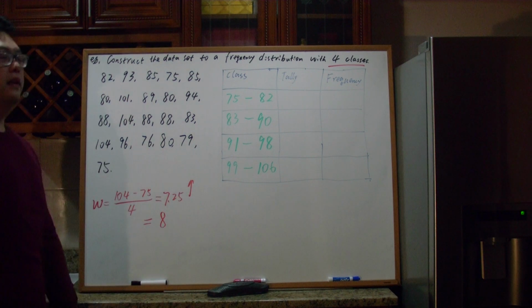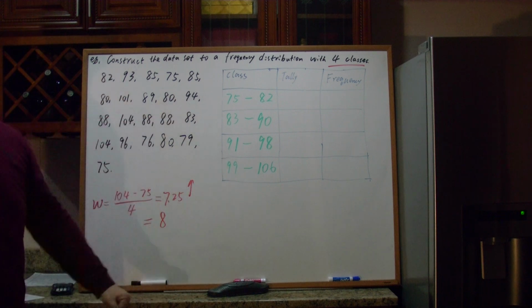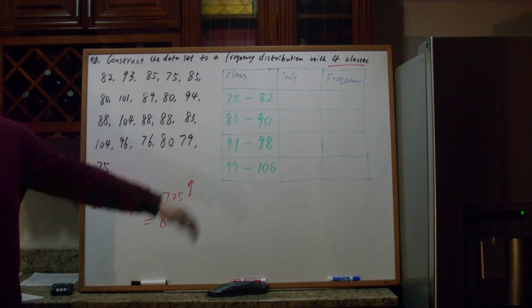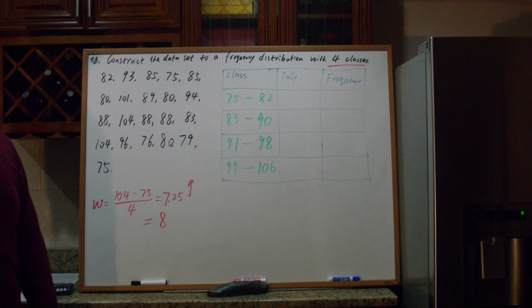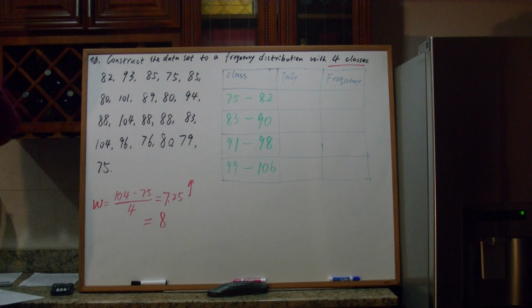Then we write it down. The thing is, we may skip something, or we may make some mistake, right? For some number that does not belong to this class, we may accidentally put it into a class it does not belong to.